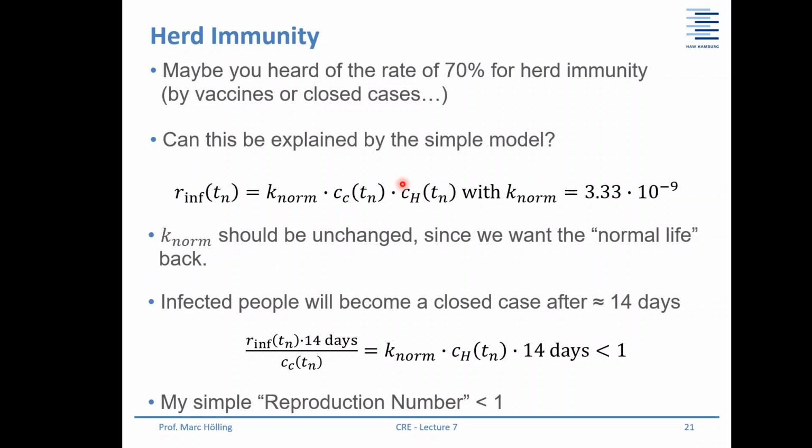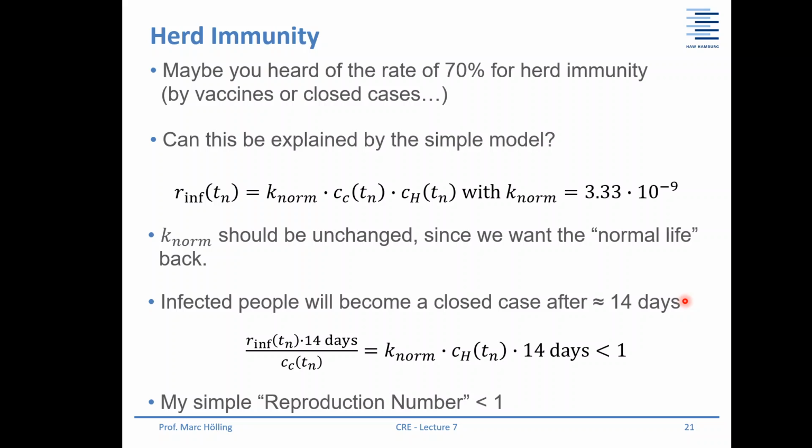This means we want to have our normal rate of contacts, so this shouldn't be changed. And we know the number of inhabitants of Germany. These are the people that can potentially become affected. But what is special about this situation is that infected people will become a closed case after 14 days.